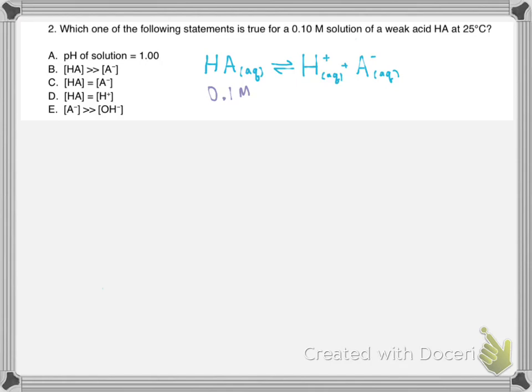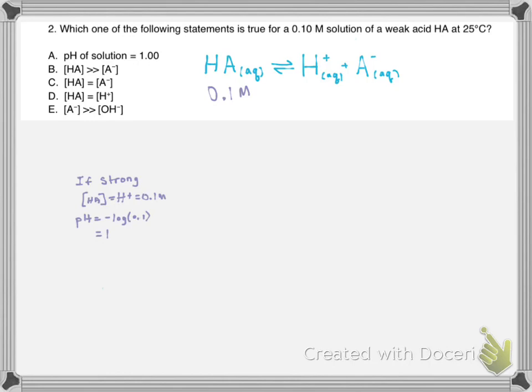So if we pretend that we have a strong acid, so if this were strong, we could say that the concentration of HA is equal to the concentration of H+, and they're both just then 0.1 molar. And then we could go ahead and say pH is equal to negative log of that, which would then be 1.